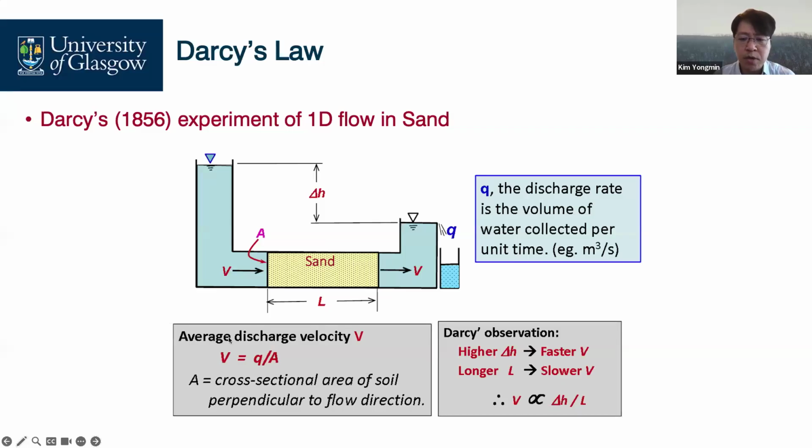So this discharge velocity V is the discharge rate, small q, divided by area, large A. Through these tests, it was found that the higher the delta H, the higher the head loss, and the faster the discharge velocity.